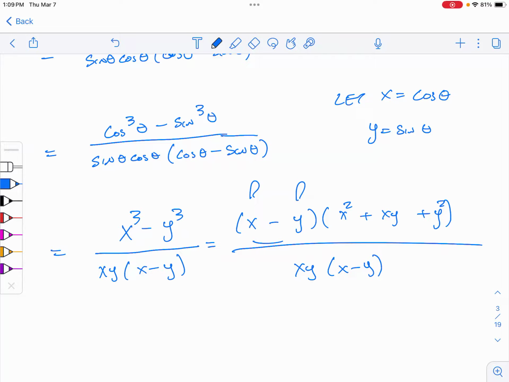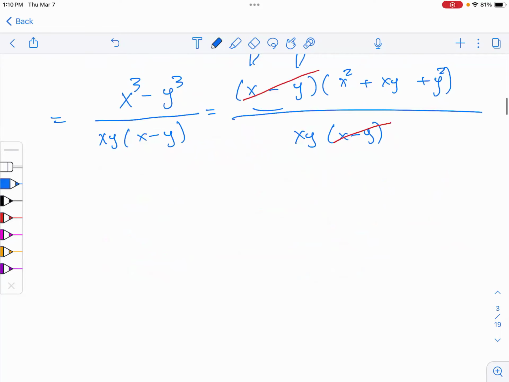No, because we have additions involved in that. But that and that cancel. So we have x squared plus xy plus y squared all over xy. Okay, can't do anything else.